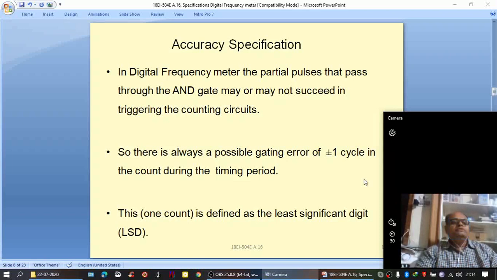Now, suppose the gating pulse is 1 second, then in 1 second duration, a certain number of pulses will reach the counter.